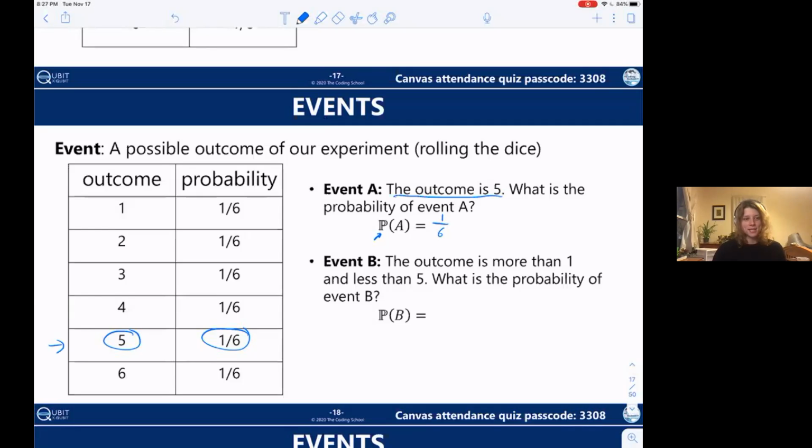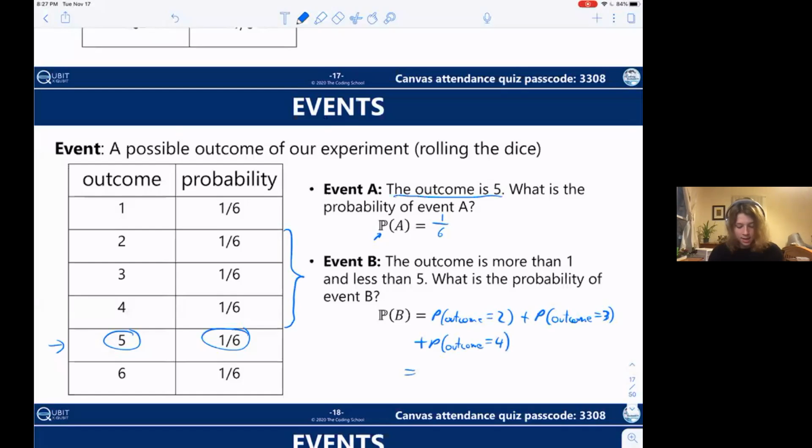So what you want to do is add the probabilities of each of these outcomes. I'll write them in maybe a bit of a confusing way. We're looking at the probability that our outcome is more than 1 and less than 5, which is that region. So we want the probability that our outcome equals 2, plus the probability that our outcome equals 3, plus the probability that our outcome equals 4.